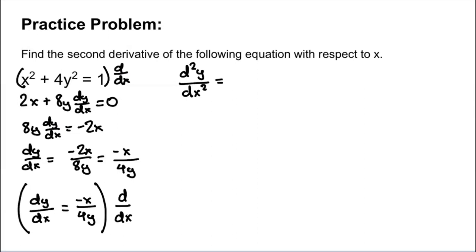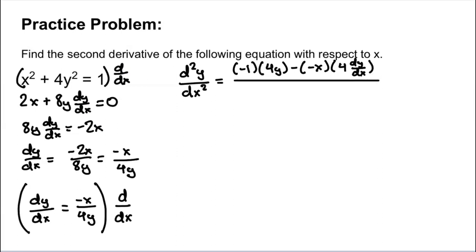And now we're going to take the derivative of this right-hand side, and this is actually going to be a quotient rule. So the derivative of negative x is going to be negative 1 times the bottom, 4y, minus the top, negative x, times the derivative of the bottom, 4 dy dx, all over this denominator squared.